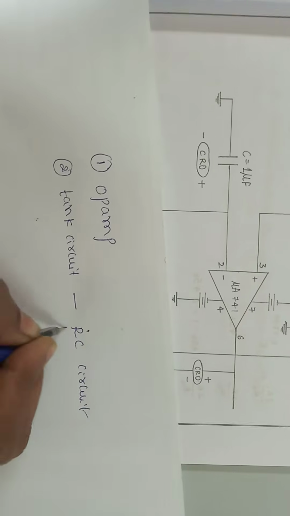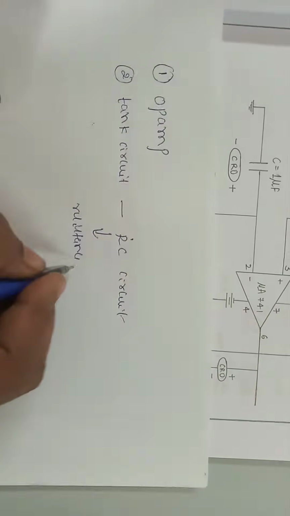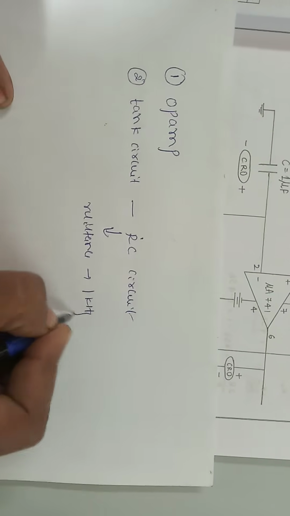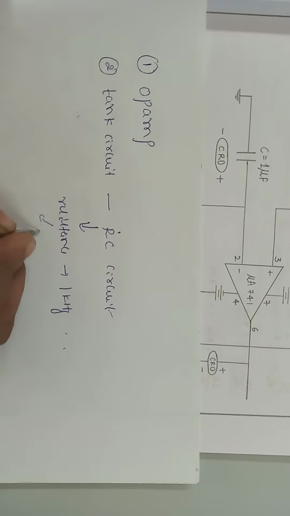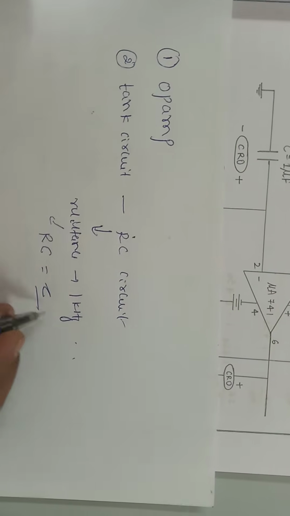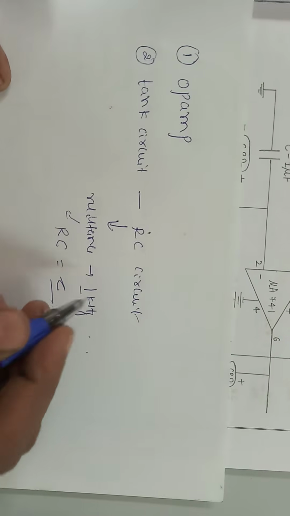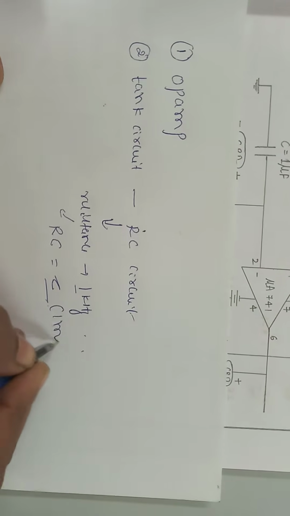The RC circuit is nothing but R, the resistance, and C, the capacitance. We are designing for 1 kilohertz frequency. There is a relationship, RC equals tau, where tau is the time taken to charge and discharge. Because of the 1 kilohertz frequency, tau is 1 millisecond.